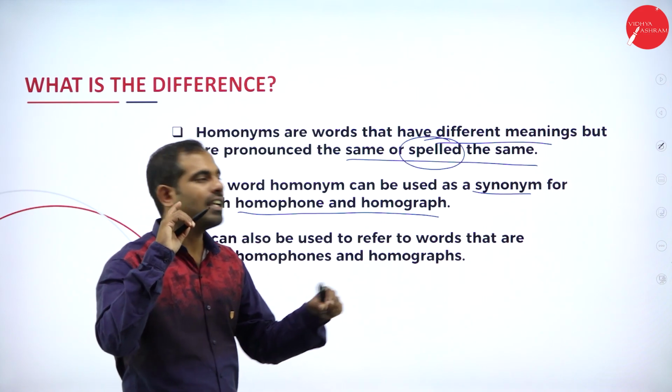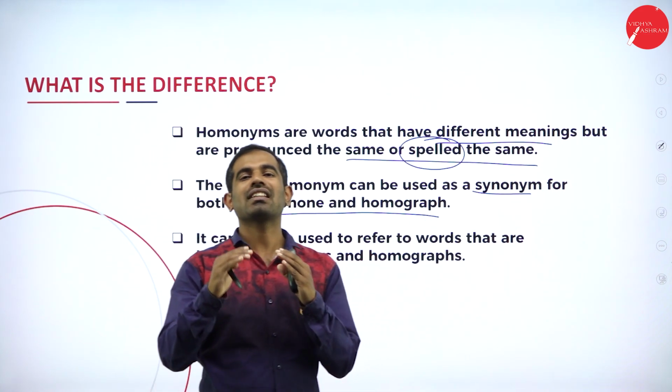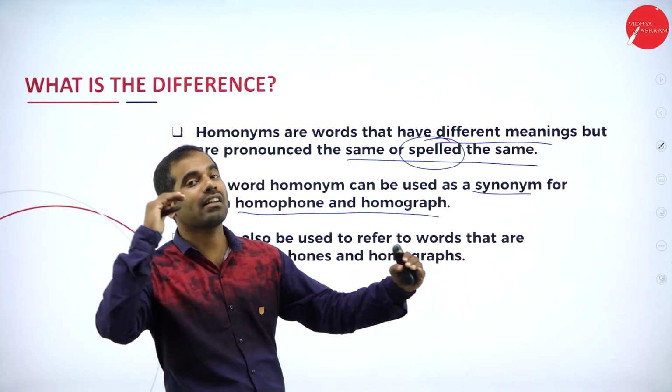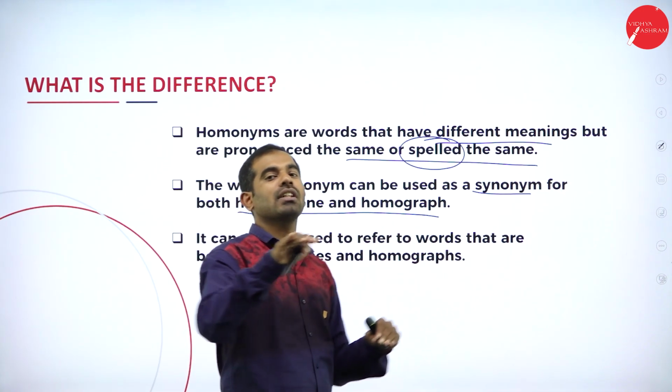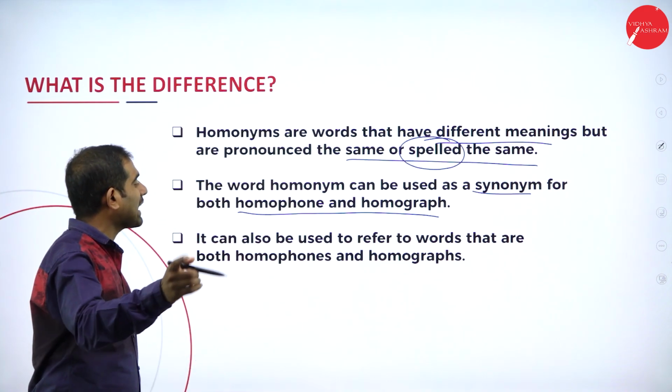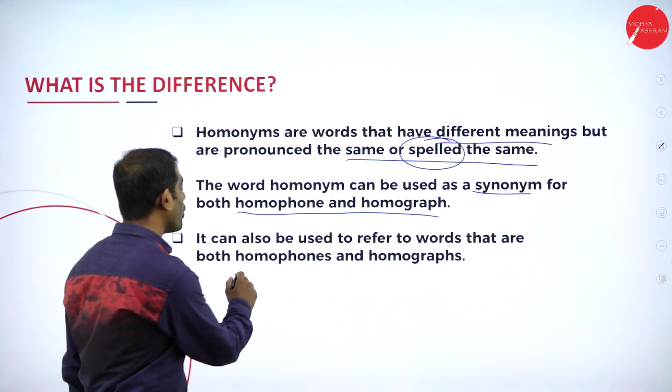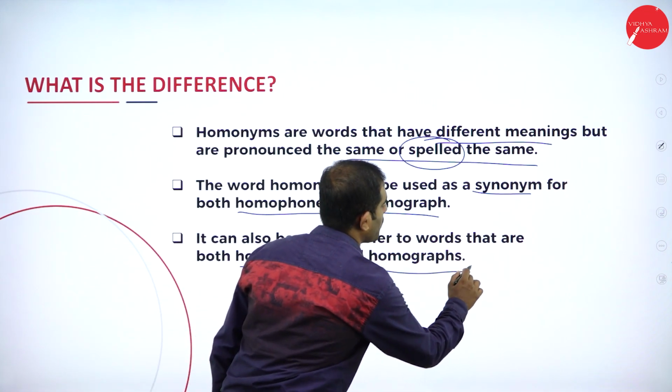It could be playing the role of the same meaning of a same word. The meaning might be different, but the word might seem the same here. It can also be used to refer to words that are both homophones and homographs.